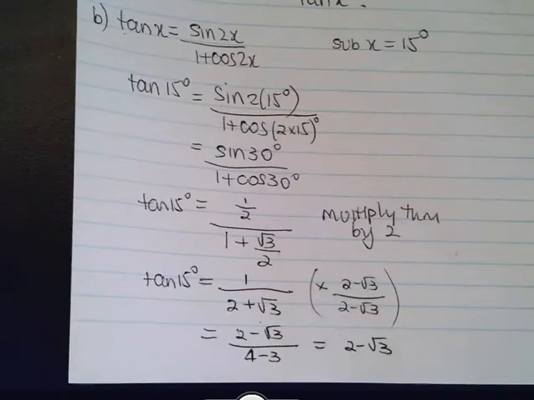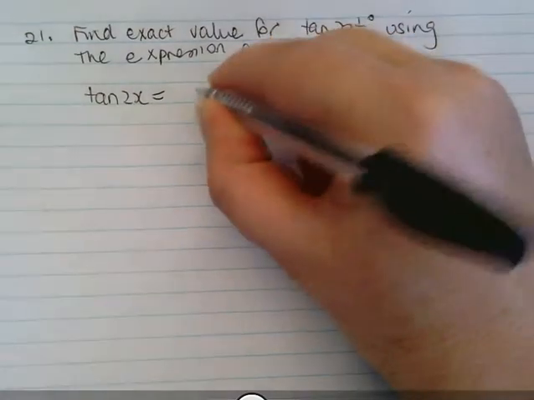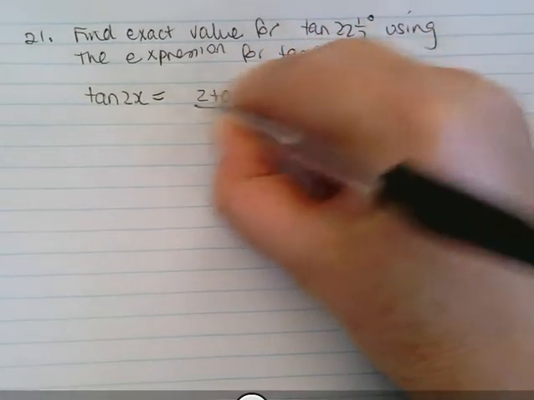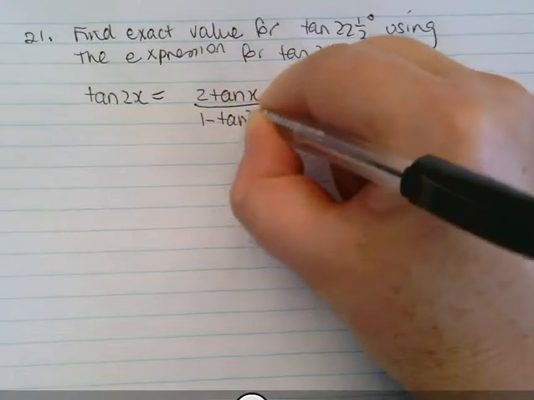Now to check that, you can just go to your calculator, press tan 15, keep a mental note of what it equals, cancel, and do 2 minus root 3 on your calculator and see that you get the same answer. All right? Tan 2x equals 2 tan x over 1 minus tan squared x.